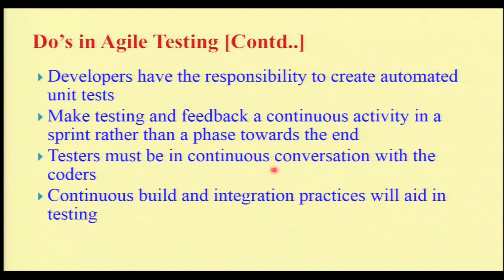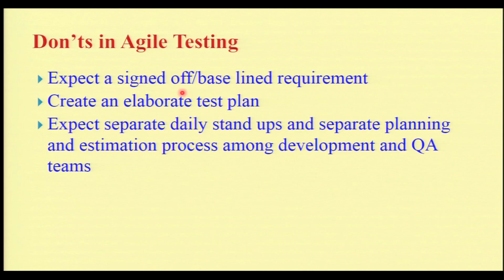Testers must be in continuous conversation with the coders, and my dear students, the coders and testers have to join hands when they are testing it. So that is the reason we have quoted it as testers must be in continuous conversation with the coders. Continuous build and integration practices will aid in testing.